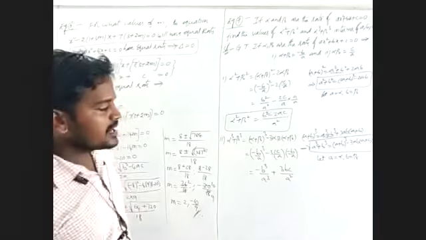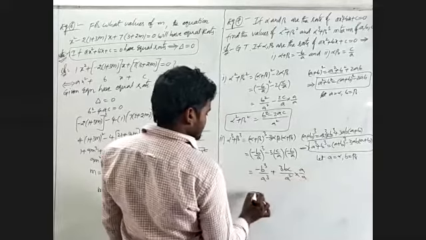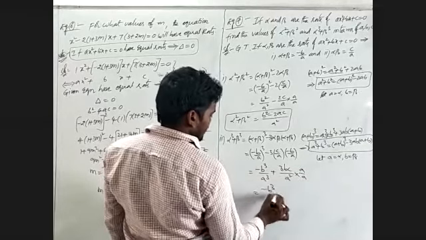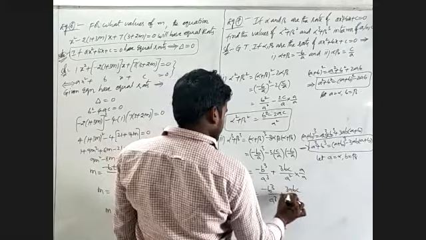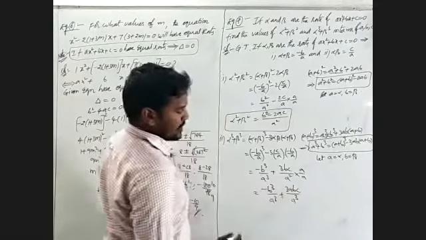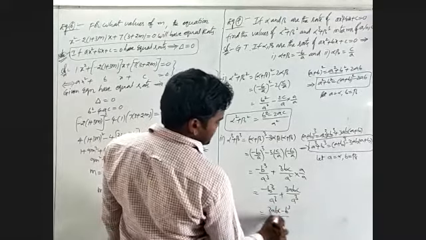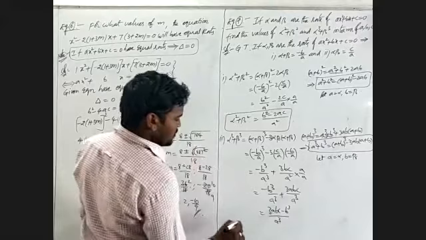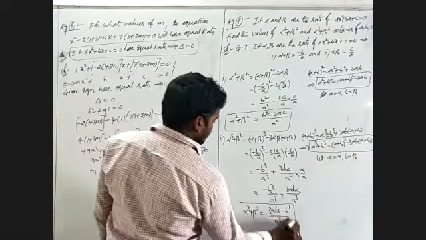Here the numerator and denominator can be multiplied and divided by a, so I will write minus b cube by a cube plus 3abc by a cube. Here we have to write it in order: 3abc minus b cube by a cube. This is the value of alpha cube plus beta cube.